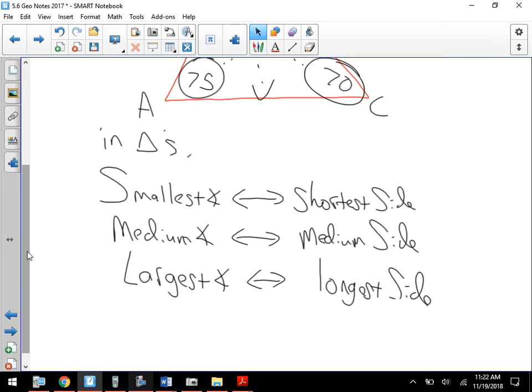The reason I use the double arrows like that is that we're going both directions. Short side is across from the smallest angle. The largest angle is across from the longest side.